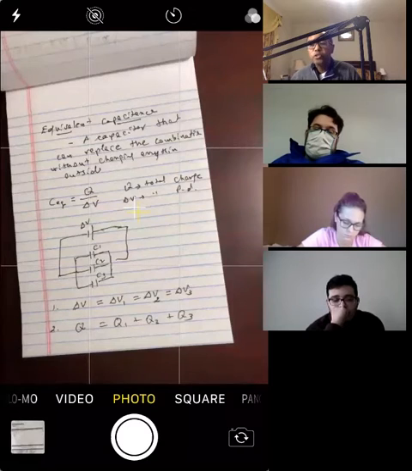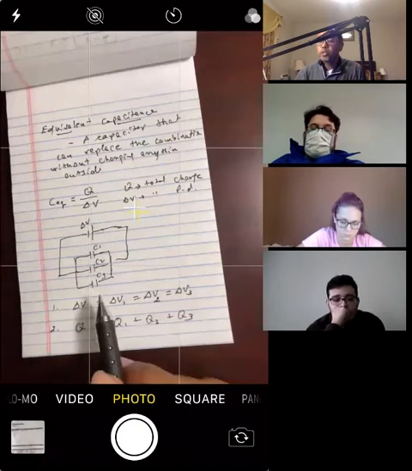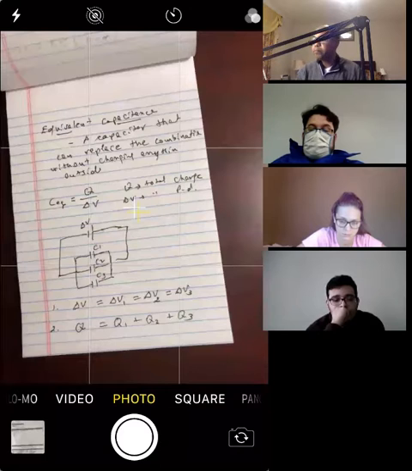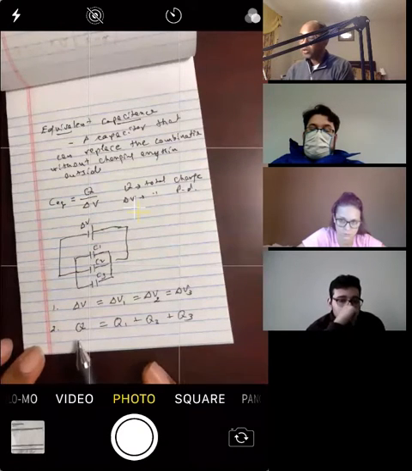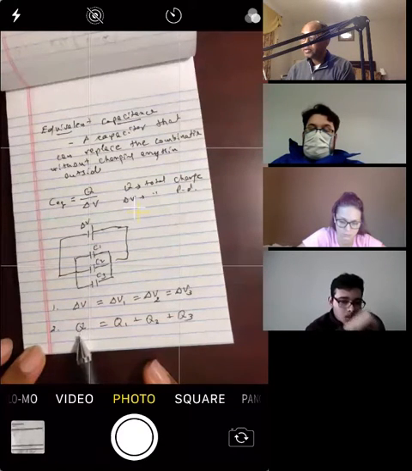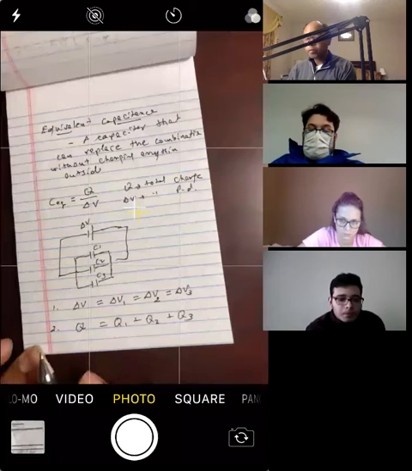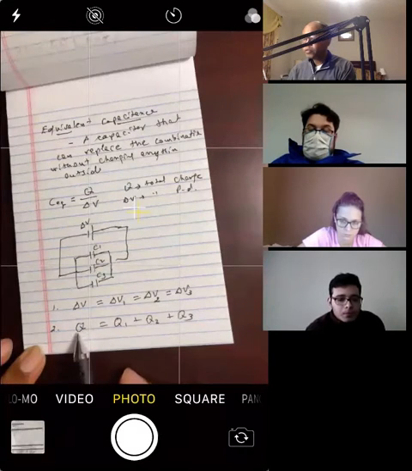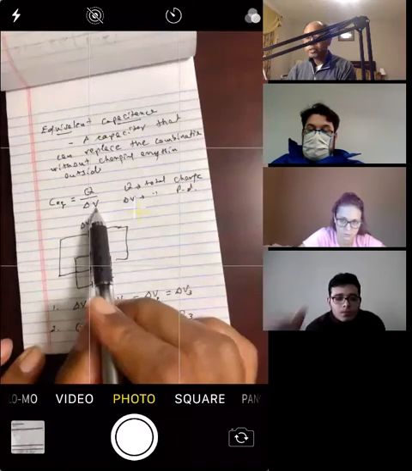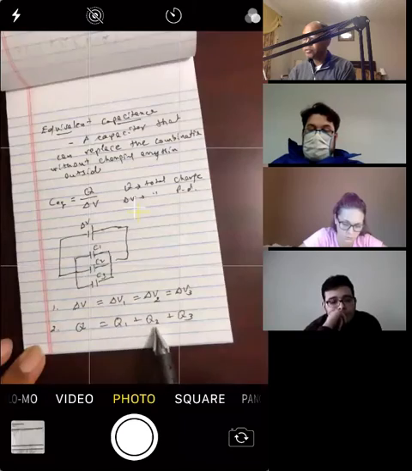But to get the total charge in the circuit, you have to add the charges accumulated by each capacitor. Now I'm going to replace this using the formula Q equals capacitance times potential difference. This one is CEQ times delta V, this is C1 times delta V, and so on.